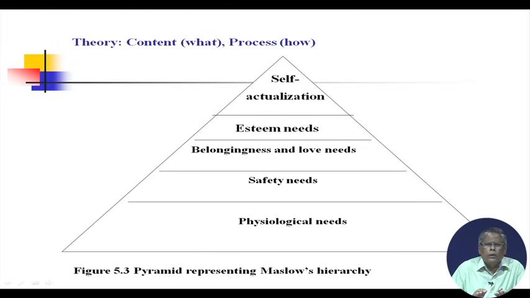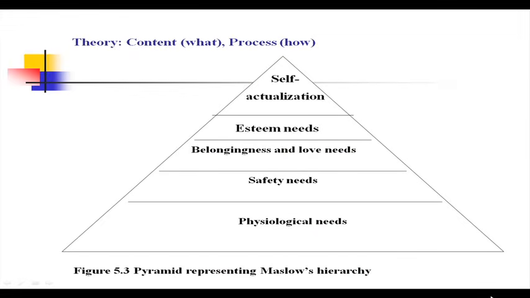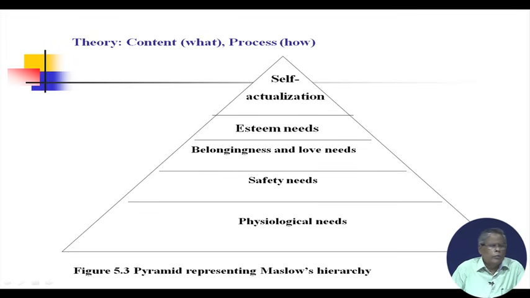Some of the theories I have mentioned are relevant to self motivation, and will be discussed briefly. Maslow's theory says there are 5 needs in the hierarchy, and as you see here, the individual will try to satisfy the needs one after another. First he will satisfy the physiological needs, for hunger, thirst, sex and so on.